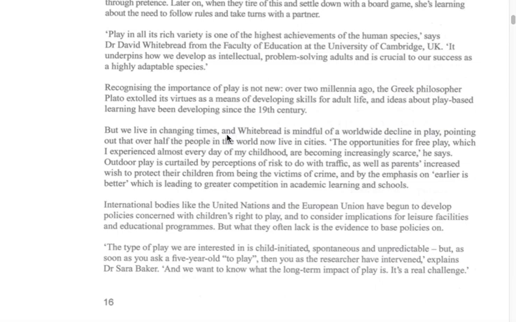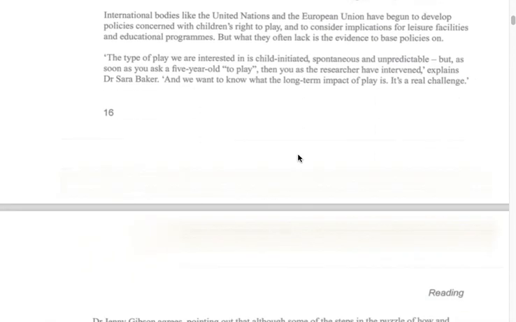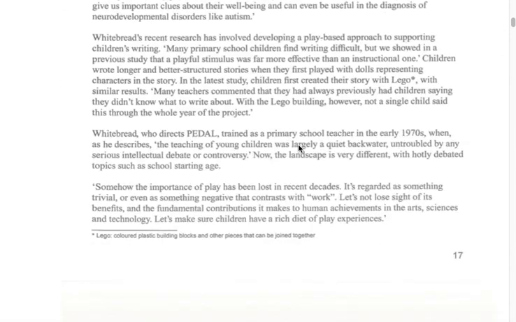But we live in changing times, and Whitebread is mindful of a worldwide decline in play, pointing out that over half the people in the world, it's talking about the population. Let's go back to the question and see what is asked.